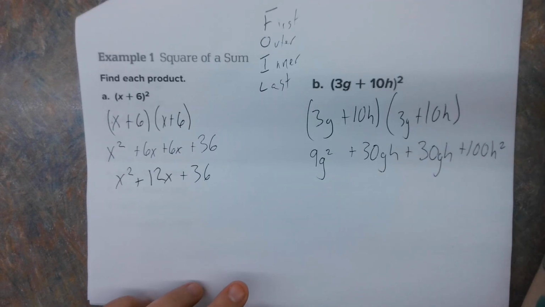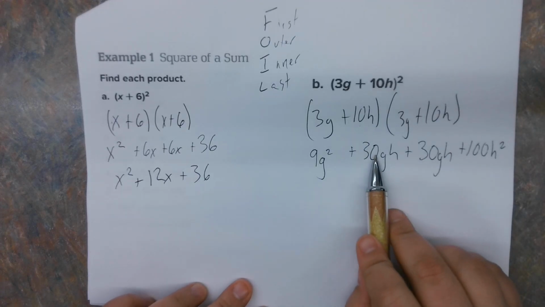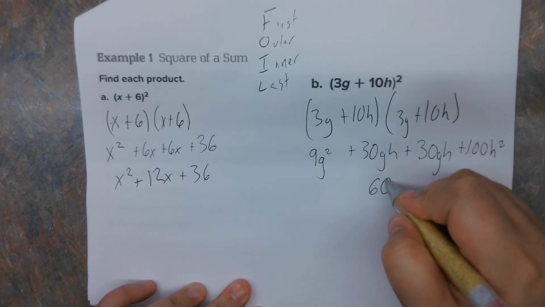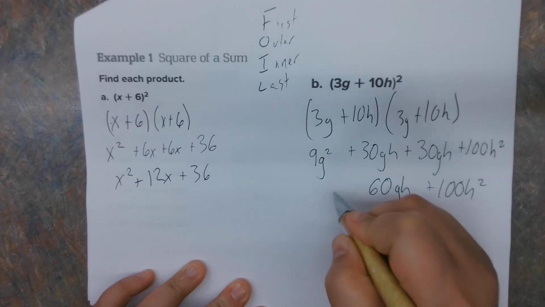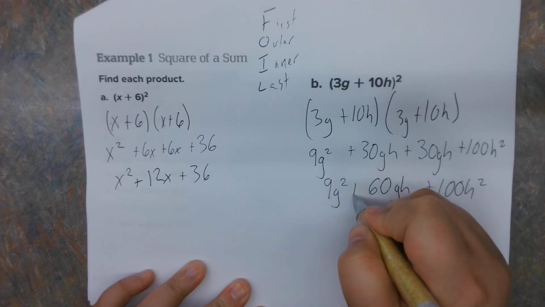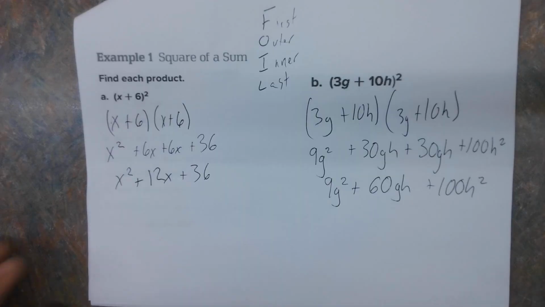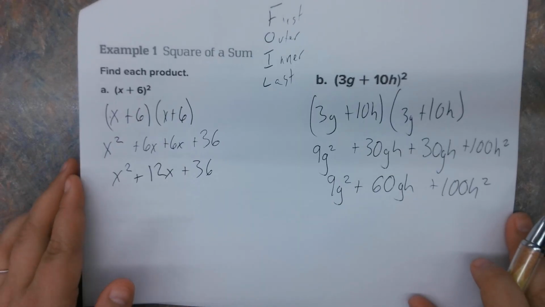Okay? Now 30 plus 30 is 60gh. Bring down the other two numbers. There you go. It's as easy as that.